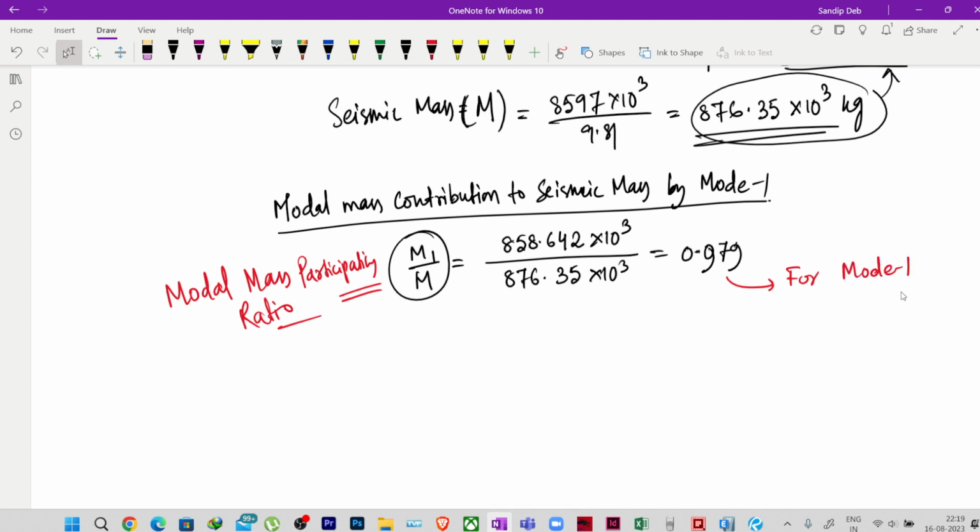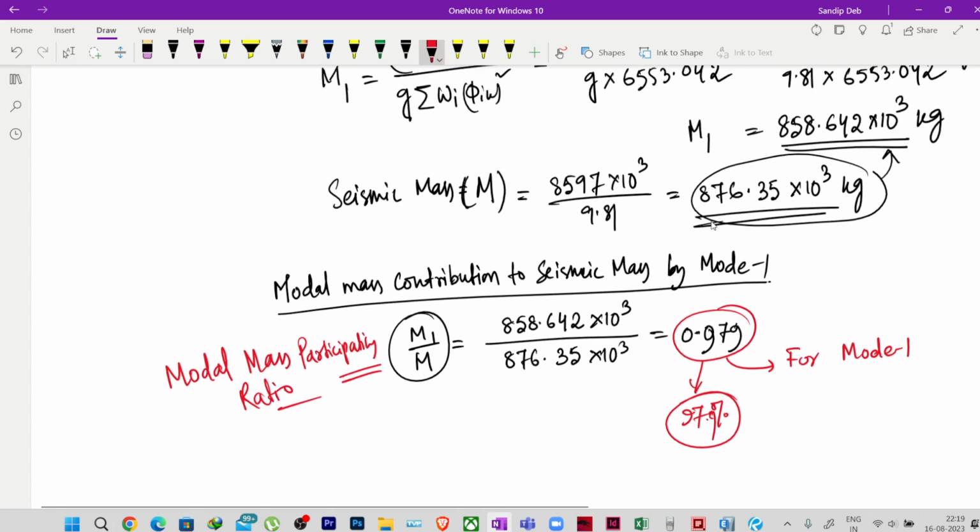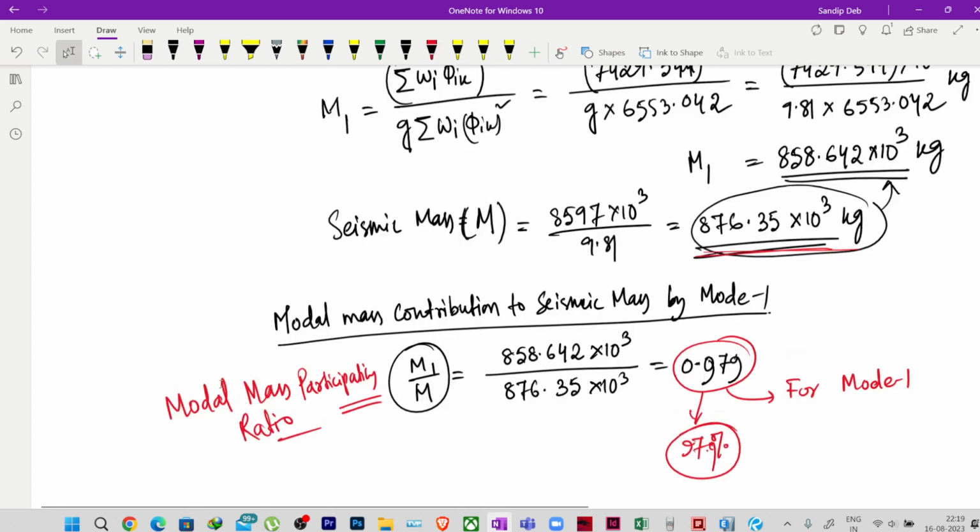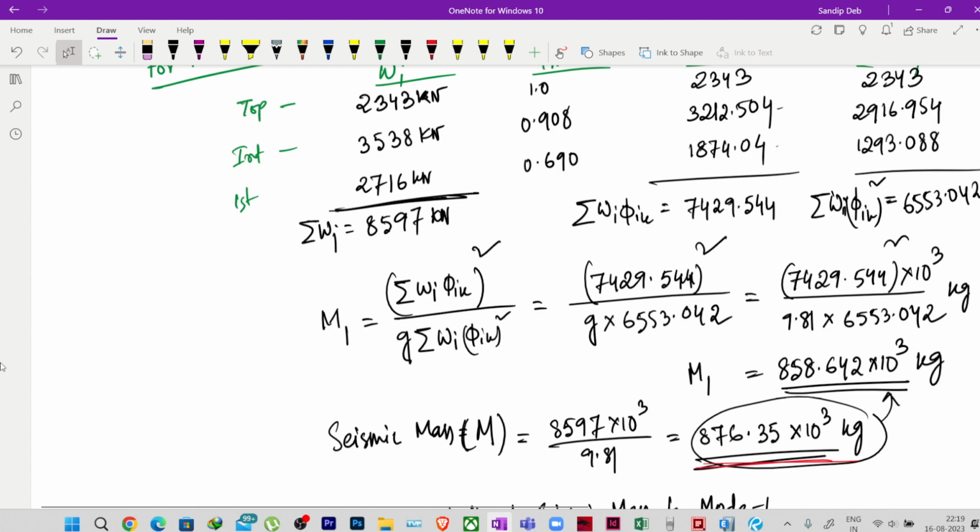Now if you convert this to percentage, it will be 97%, right? 97.9 something. So 97.9% of this seismic mass vibrated in the mode 1 itself.